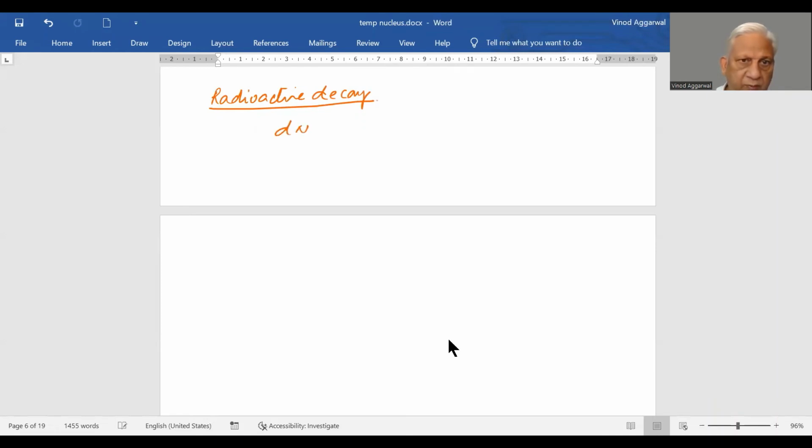We know this is the number of active nuclei.